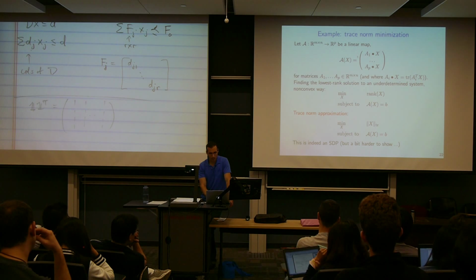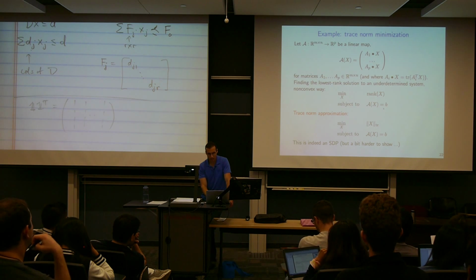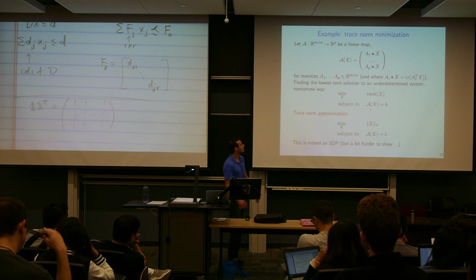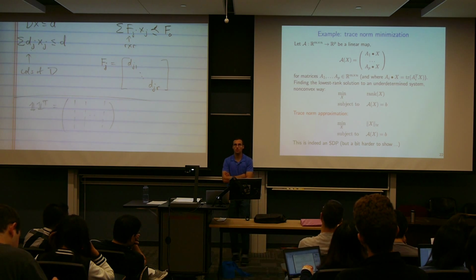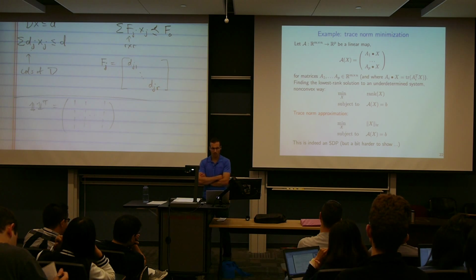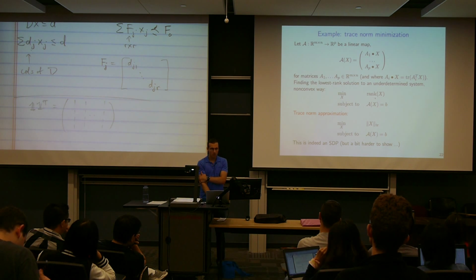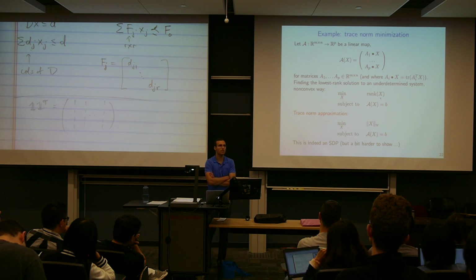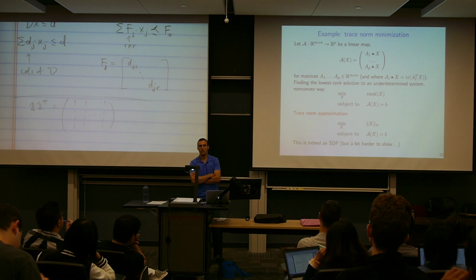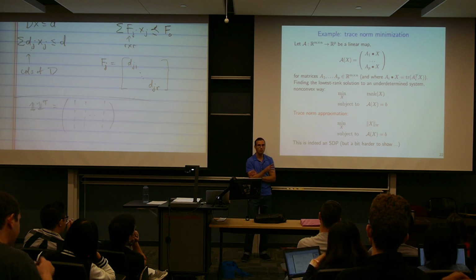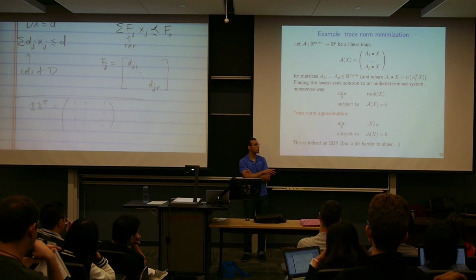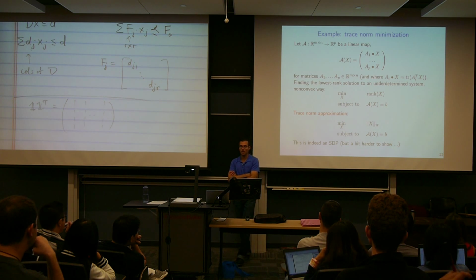So given, say, a linear system of matrix equalities, script A of x equals b, let's suppose we want to find the lowest rank solution to that set of equalities. And as we saw before, the rank function is very non-convex. So this is not a convex problem. The trace norm approximation to it, which again I'll just say once more, is the analogy of replacing the L0 norm with the L1 norm, but for matrices.